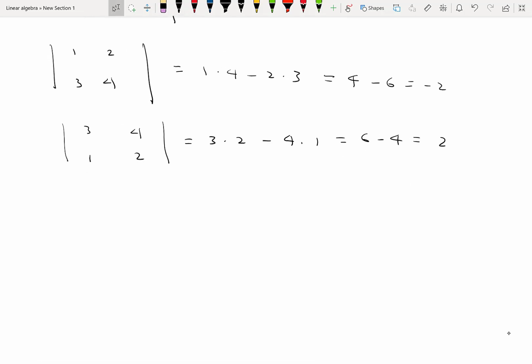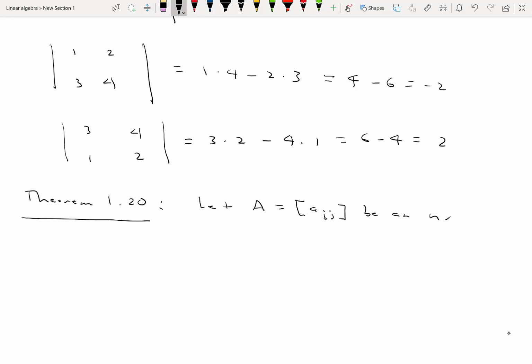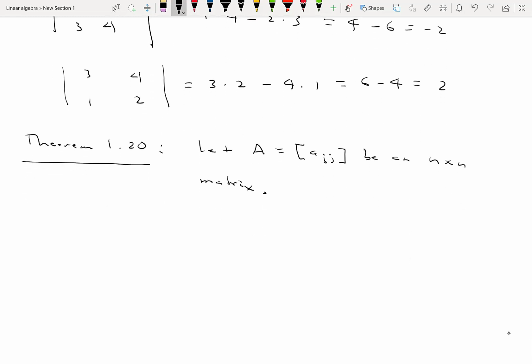Theorem 1.20 is a big one. It is kind of involved. So let's say let A equal the matrix whose entries are Aij. Let this be an n by n matrix, so it's a square matrix. Okay.